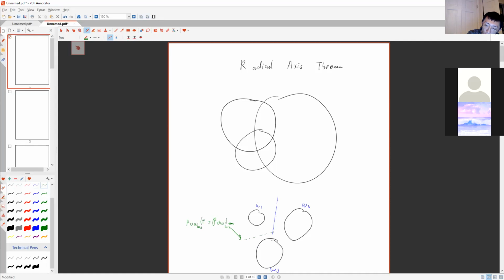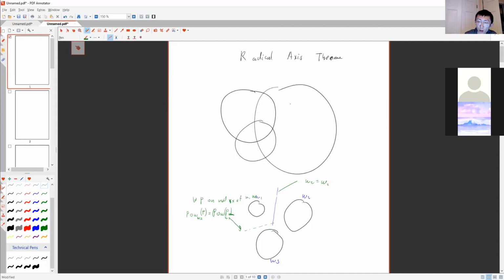So for all points P on the radical axis of omega-1, omega-3, that's true. And for all points P, Q on the radical axis of omega-1 and omega-2, their power with respect to the 2 circles is the same. So what about their intersection point now, right?